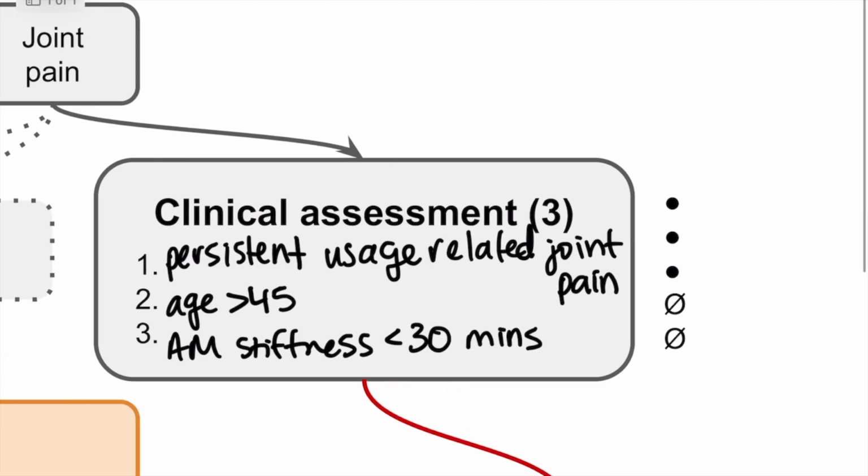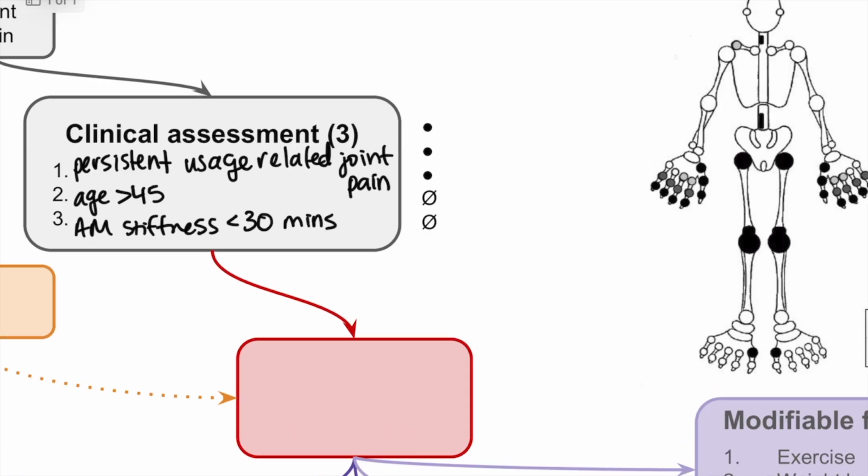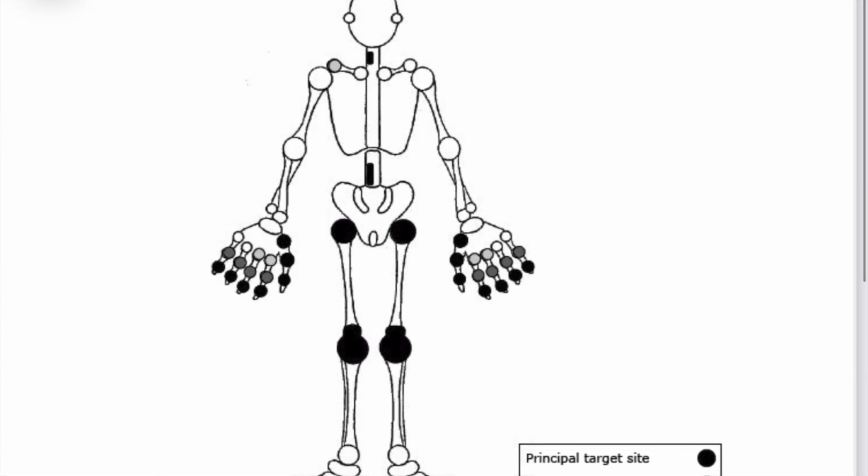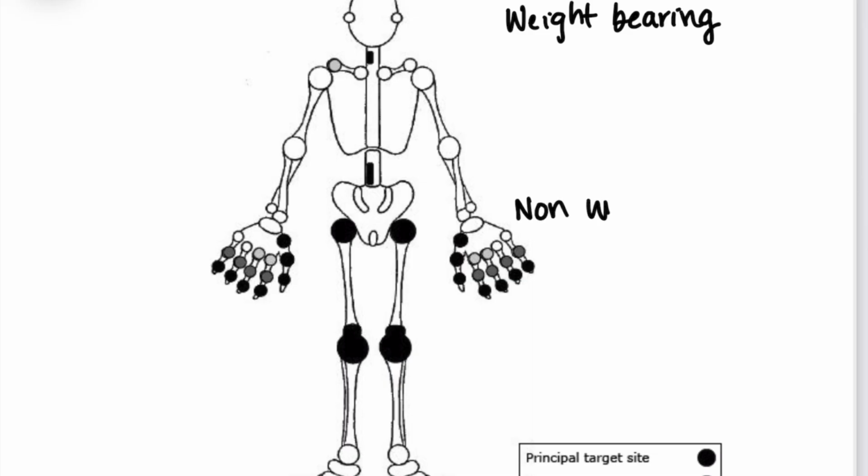Thinking specifically about joints, let's think through what joints are most often affected. This image from UpToDate can be super helpful, and I think it's best to group the joints into 2 categories. The first being weight-bearing, and the second being non-weight-bearing.